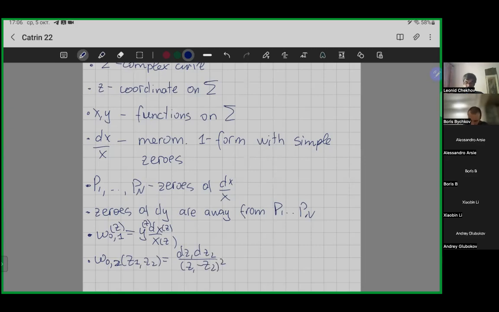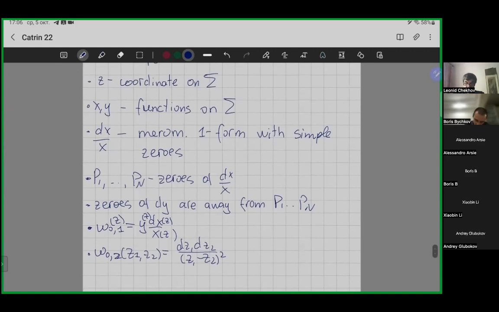And near the ramification points P_i, the zeros of dx, sigma_i of z is a holomorphic involution near the P_i's.